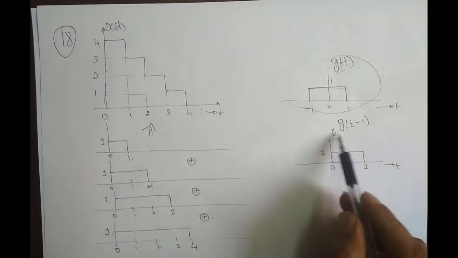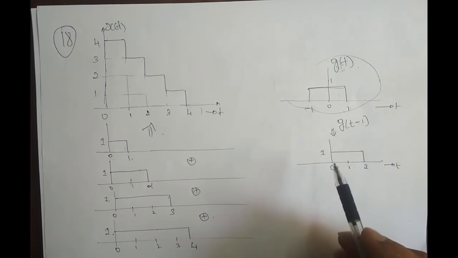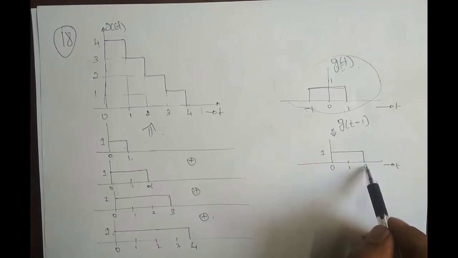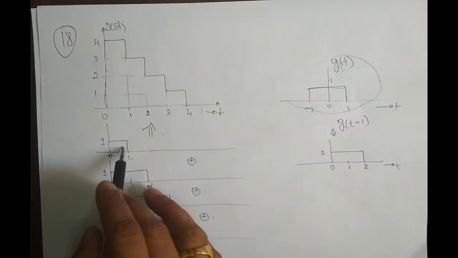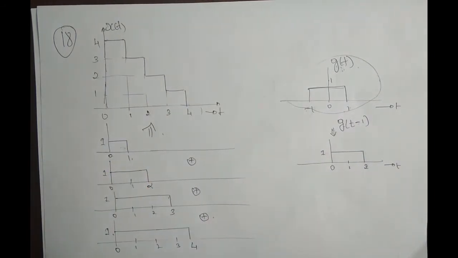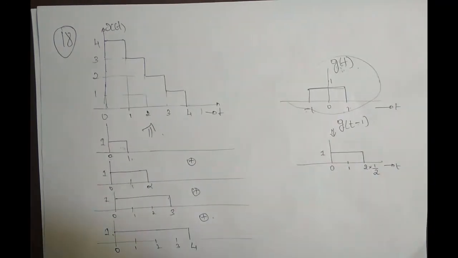I repeat again, what is it that mathematically I need to do to this signal, such that the amplitude at t equal to 2 has to compress and look like something like this. So I have to multiply here by 1 by 2. When I multiply this by 1 by 2, what happens? 2 cancels out and amplitude comes to 1.